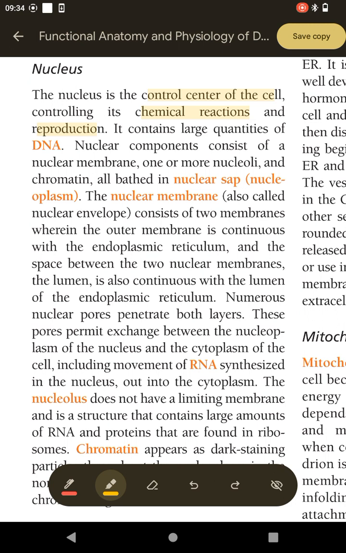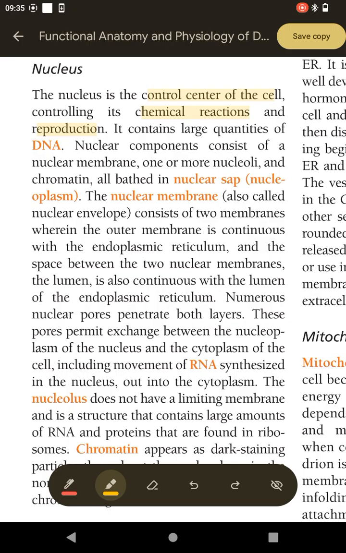Biochemistry, or biochemical, means the chemical reactions occurring in the living body. So these biochemical reactions are controlled by the nucleus, and reproduction also.